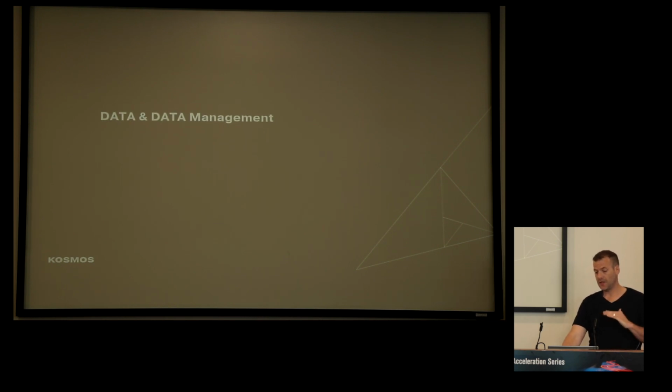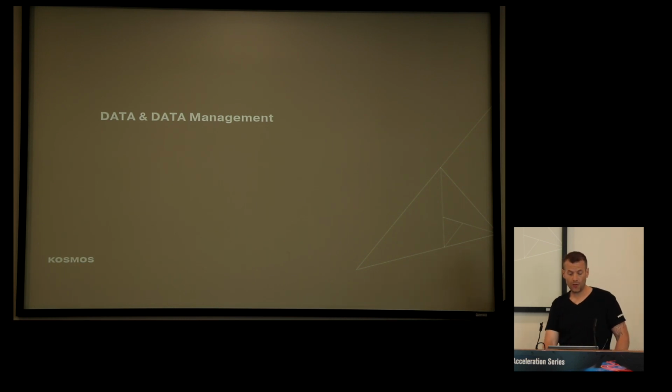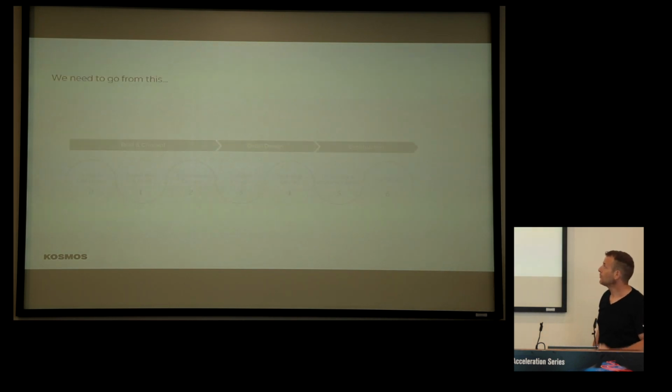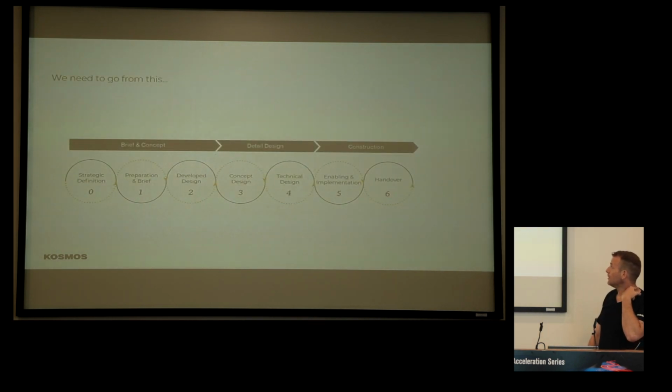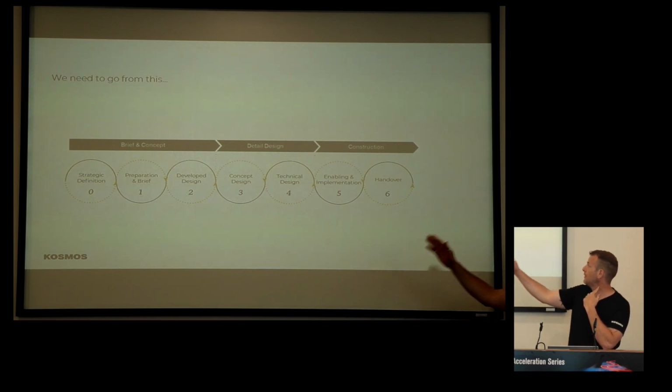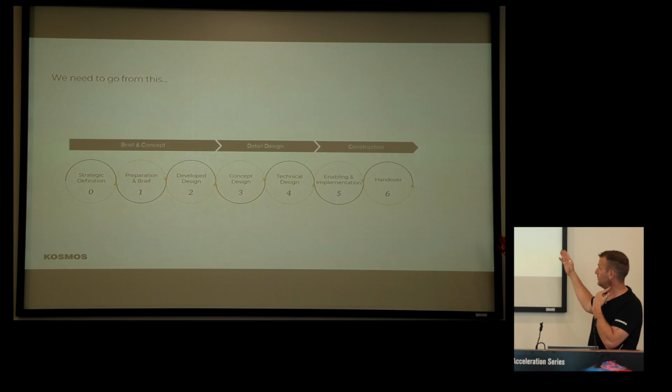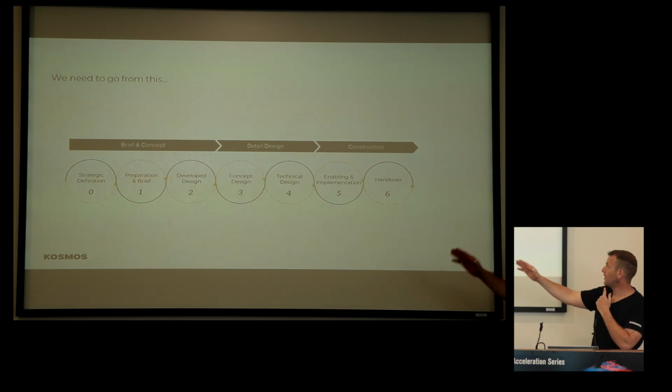Why we use ICMS is because it's a standard, it's a global standard. The reason we use it is to collect information. That information is data, and that data needs to be managed. This is where it becomes really powerful. So we need to go from today, we look at construction projects as a very kind of linear process. We start, we finish. Even numerically, it's this linear process. We start, we finish.